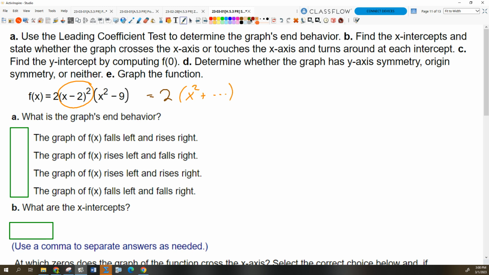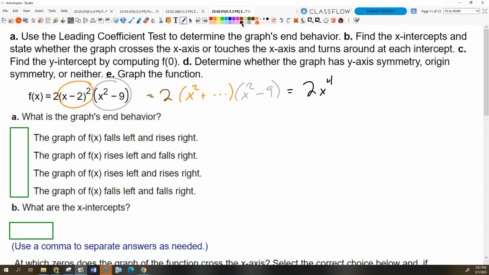Okay, how about, let's see, let's pick a different one. Let's go gray. How about that one? That's just x squared, isn't it? If I multiply all that stuff out, what do I get for my leading term? 2x to the 4th.